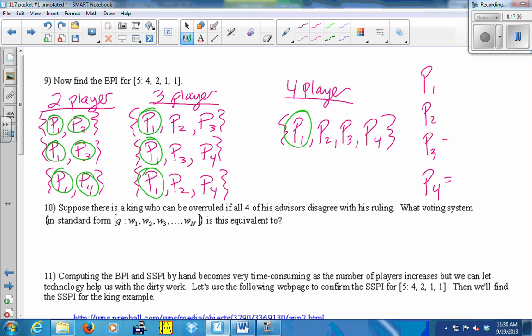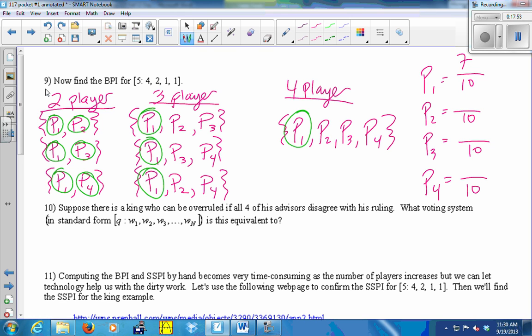All right, so for player 1 to player 4, I'm going to calculate their fraction of the power. We have 2, 4, 6, 8, 10 total times anyone is critical. Is that why you said 10, Shelby? Yeah. Okay, how many times out of those 10 is player 1 critical? 7.